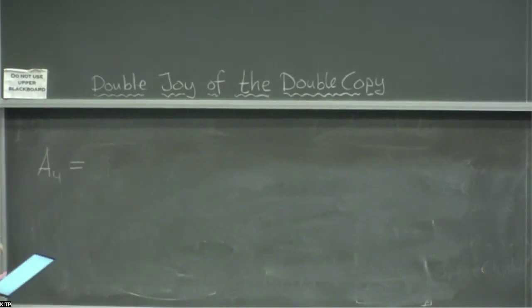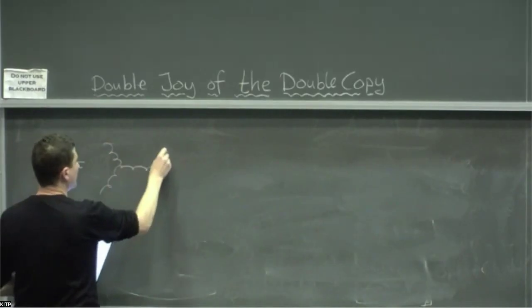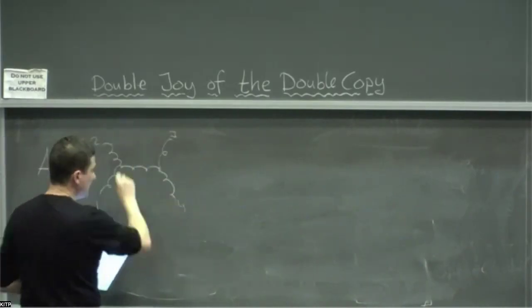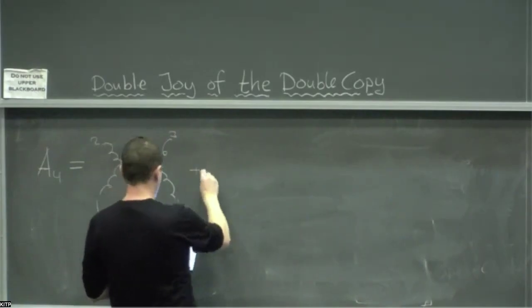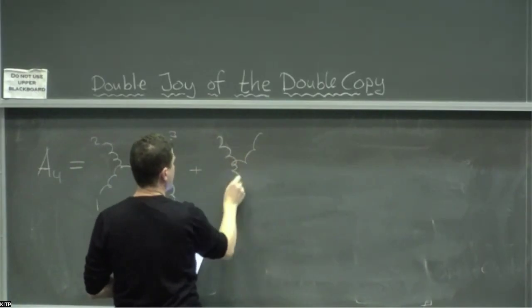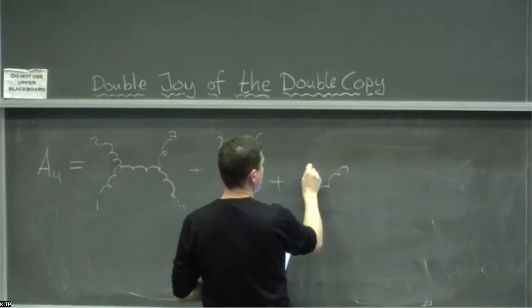And I'm just going to write some diagrams. So these are diagrams for Yang-Mills. We're going to have an S-channel graph. We're going to have a T-channel graph. And we're going to have a U-channel graph.